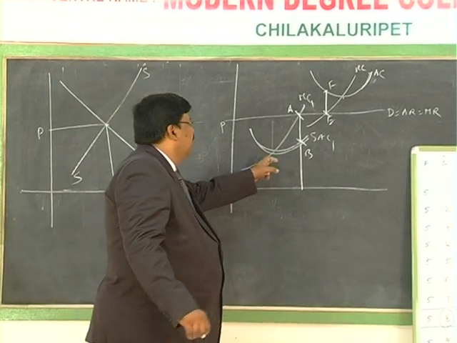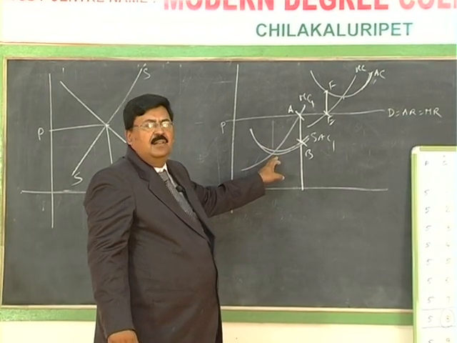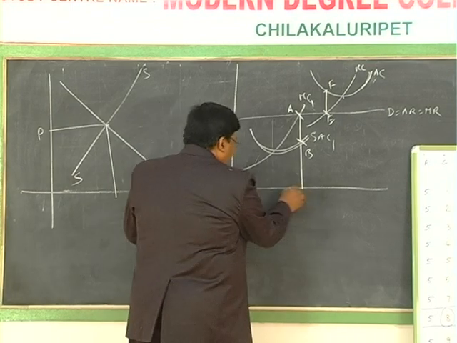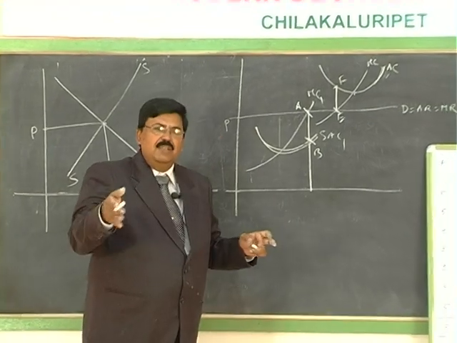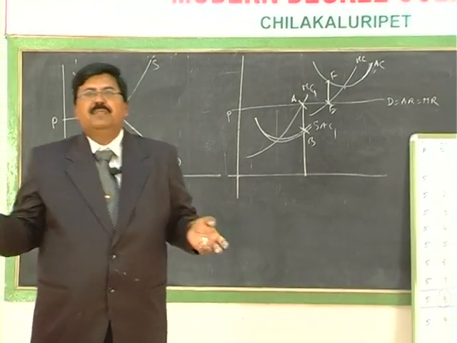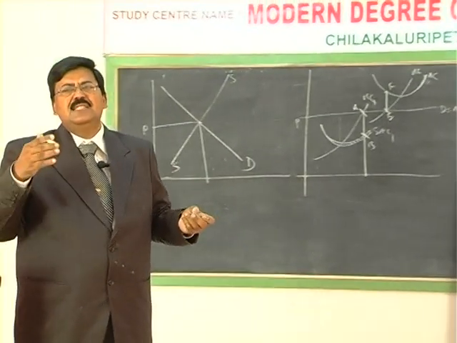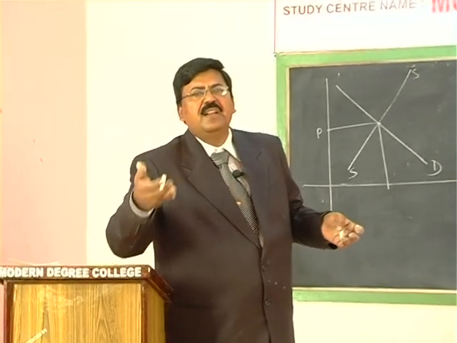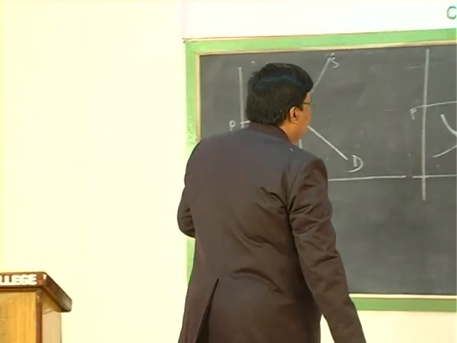Though the firm may be in equilibrium here, producing the profit maximizing rate of output, the industry cannot be in equilibrium because there is a possibility for the entry of new firms into the industry.